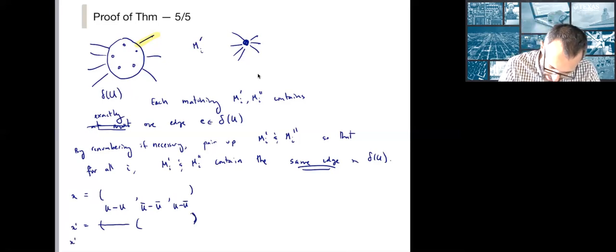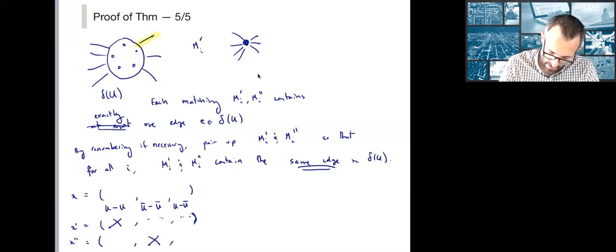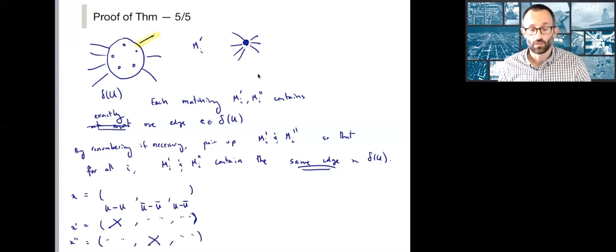And what's X double dash? Let me try this notation again a different way. For X dash, this goes away, and this follows. This is the same as above. And for X double dash, it's this middle component that's deleted, and so these edges follow.